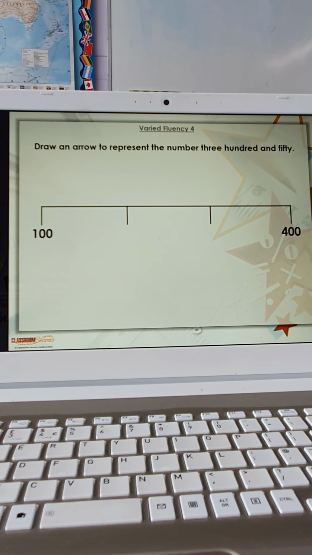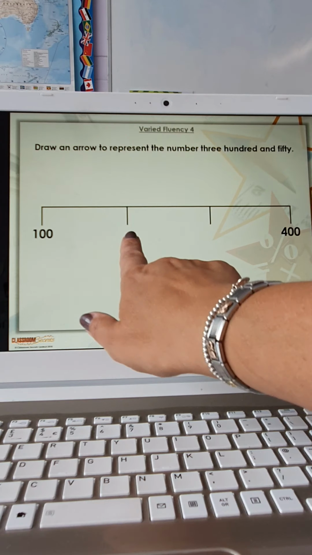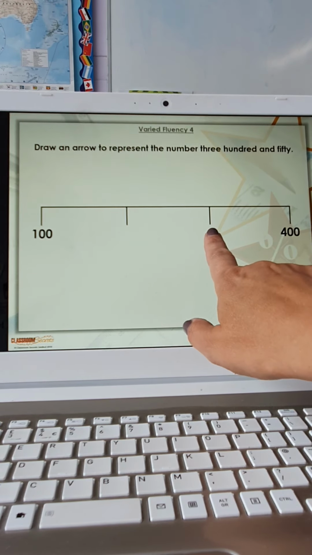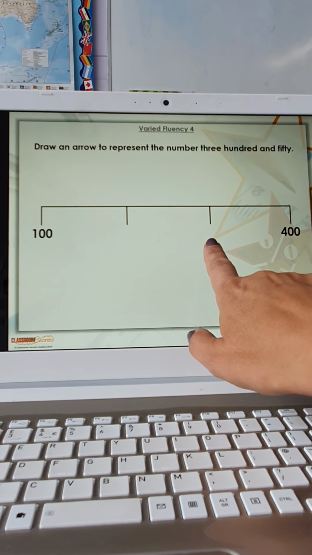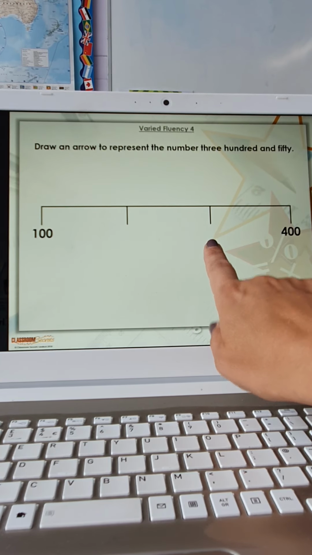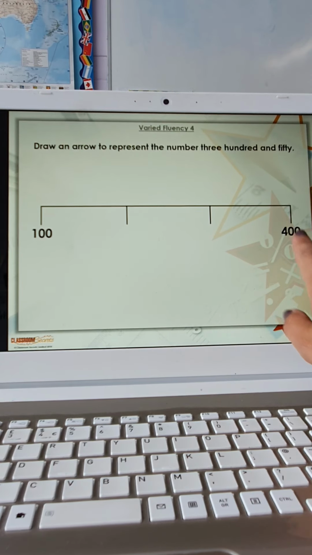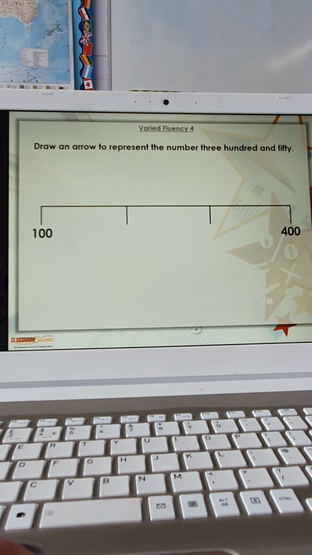So if we divide 300 by 3, each one is 100. So 200 will go there, 300 will go there. So 350 is halfway between 300 and 400. So 350 is halfway along that part of the number line.